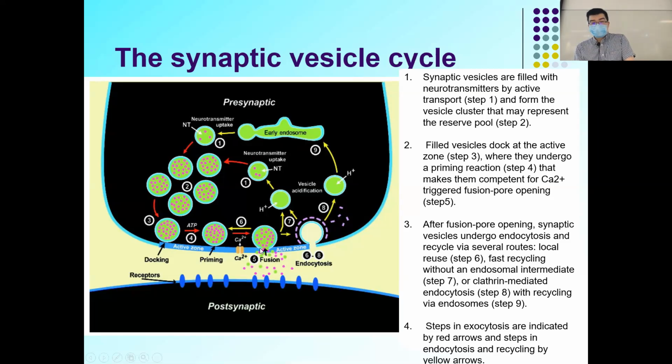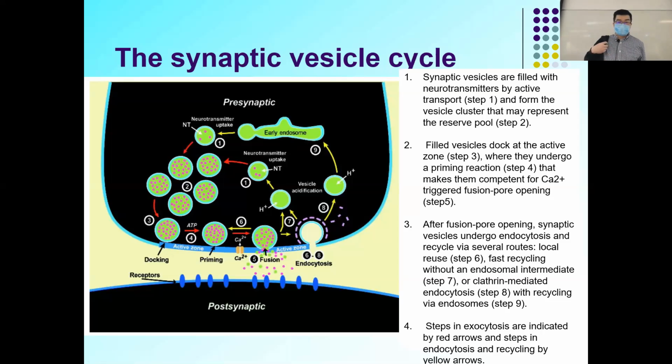Now after this, the process can go back to refill with the neurotransmitters, or some will go back to the endosome. We'll discuss why there are different pathways. Now, actually, we cannot see the actual process.